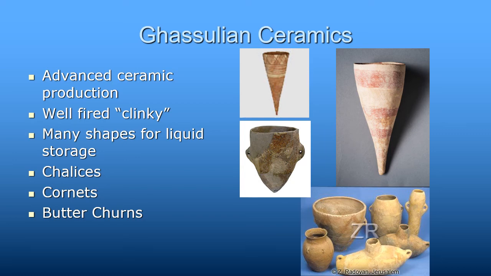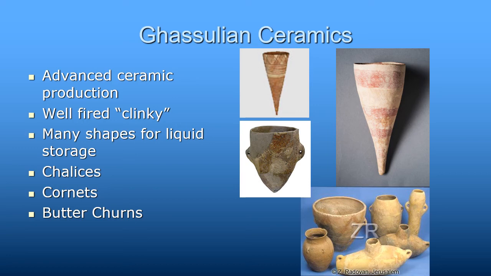They're able to fire it at a really high temperature, over 1500 degrees Celsius, which again is linked with the development of metallurgy, because you need really high temperatures to smelt copper. Even the coarse wares are fired at this extremely high temperature, giving you this metallic clinky sound. So it's very, very weird.